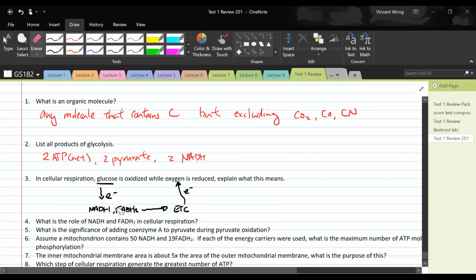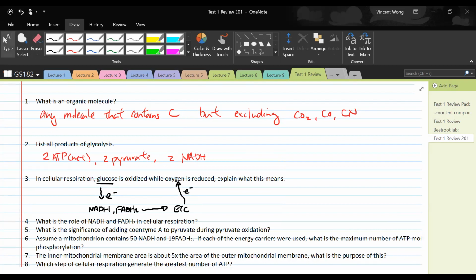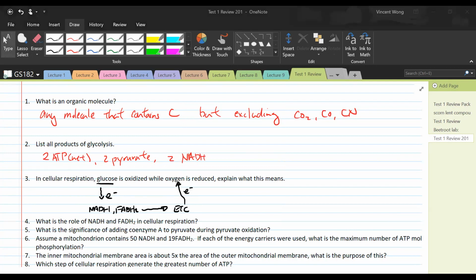So that's basically the flow of electrons. It's not a direct transfer of electrons, but ultimately it ends up on oxygen. This is called the final electron acceptor, right? Final electron acceptor.